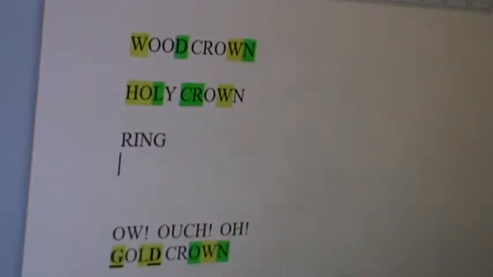Okay. So gold crown. Crown of thorns. This is so cool. A crown is a ring on the head of a king. Well, I am is at the dead center of ring and king.